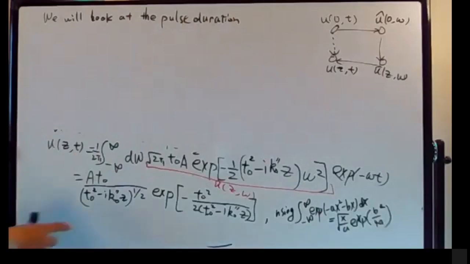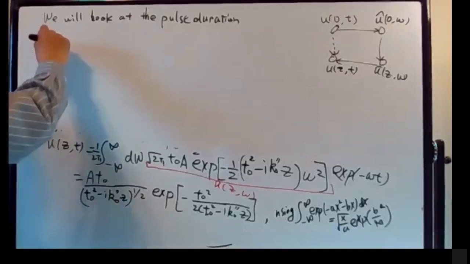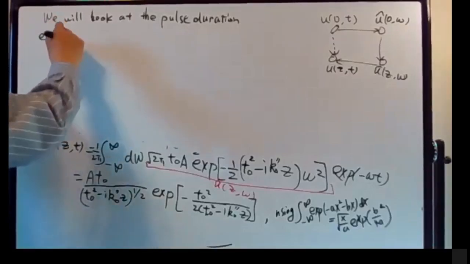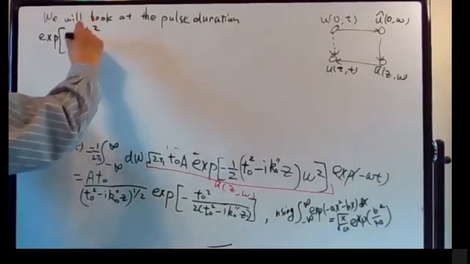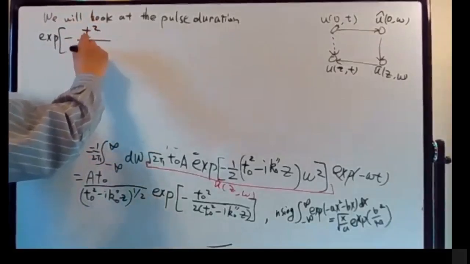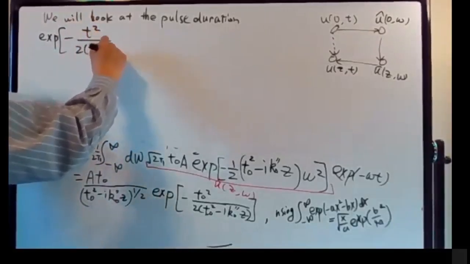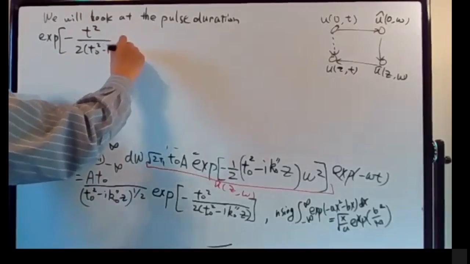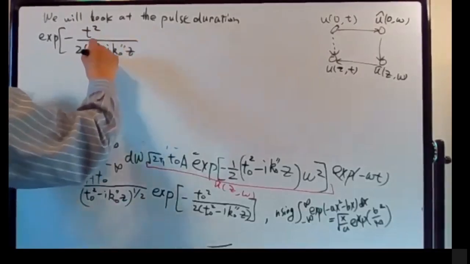So let's look at the exponential piece, right? Exponential of negative t squared over 2 t naught squared minus i k naught double prime z, right?